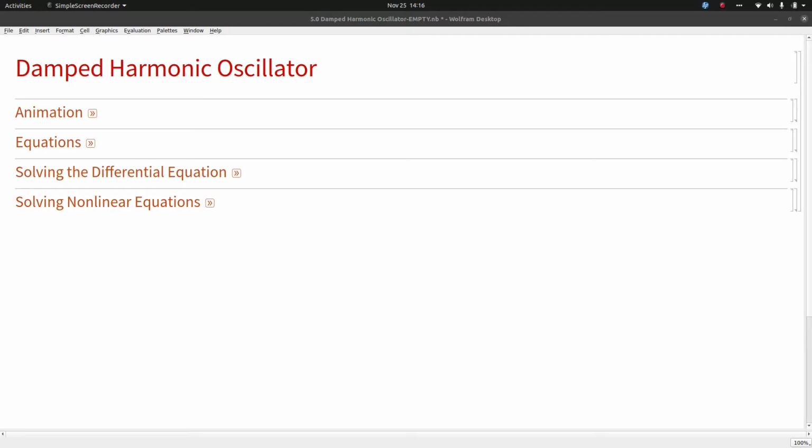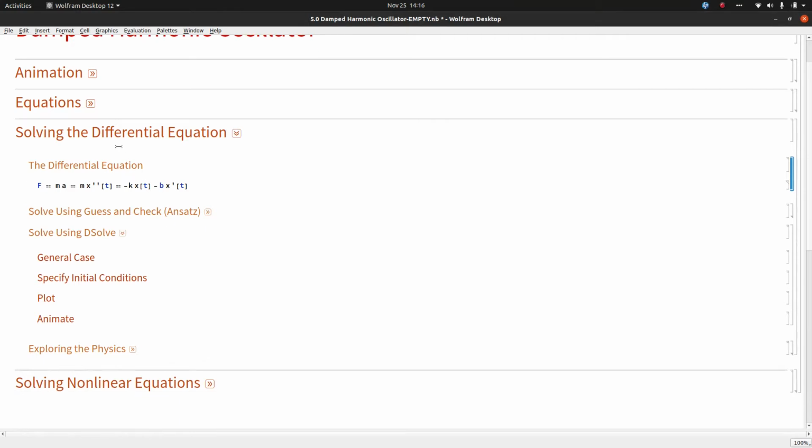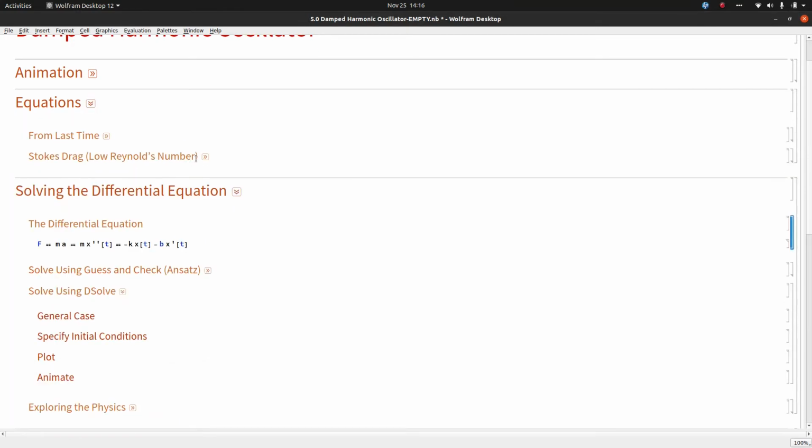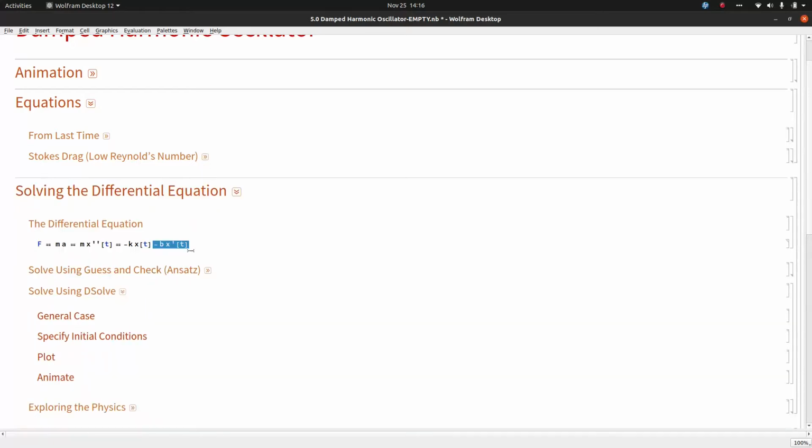All right, we're going to continue our discussion of how to solve the damped harmonic oscillator. If you recall, in the last video, we set up our equation for the drag force. We plugged that into our differential equation for the simple harmonic oscillator. We didn't go through the full solution.